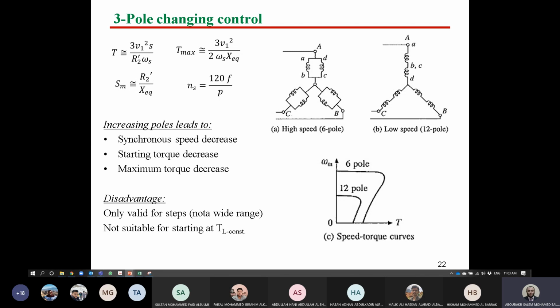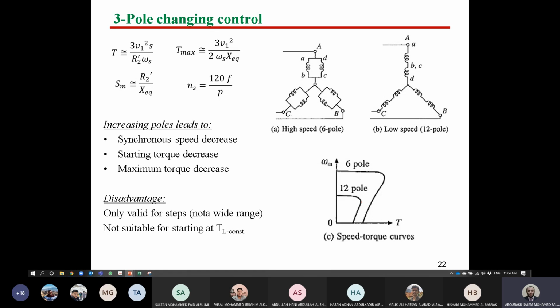If the number of poles is increased, the torque maximum will be decreased. As we can see here, when the number of poles was 6, and when we increase to 12 poles, the maximum torque is decreased.